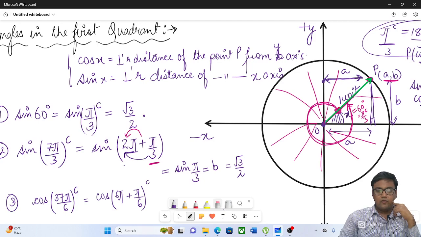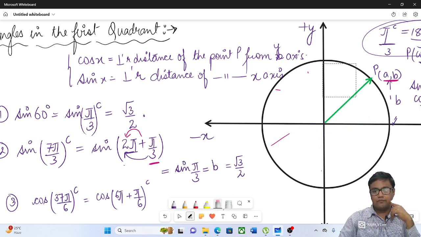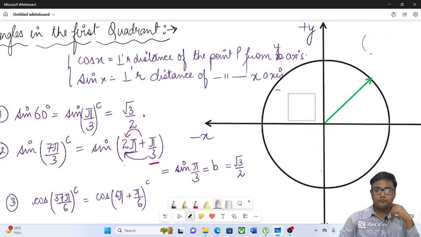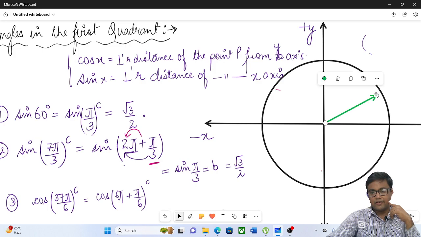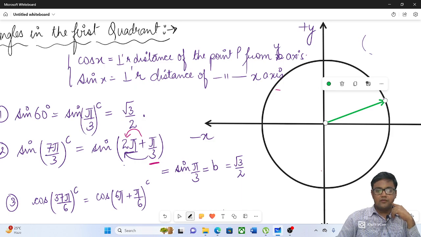So why not wipe everything out here and let us bring this ray down, because pi by 6 is not a great angle here. Pi by 6 is a mere 30 degrees. So now see children, what will happen here. This is pi by 6 actually.